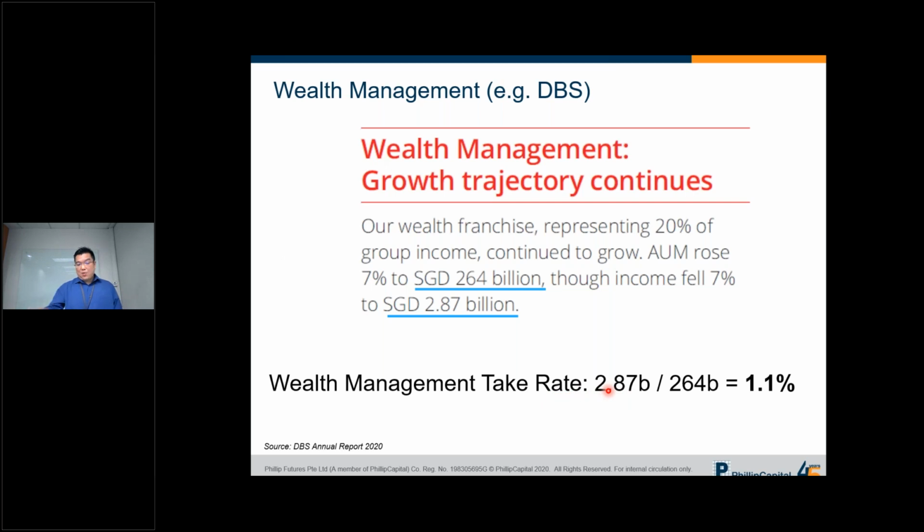All right, and the reason why this is recurring is because usually when customers invest with them it is for the long term, so they leave the assets there for the long term. Of course, the wealth manager must do the job well in helping the customer grow the fund. As you continue to do so, the assets will remain there, and they'll continue to earn this management fee.